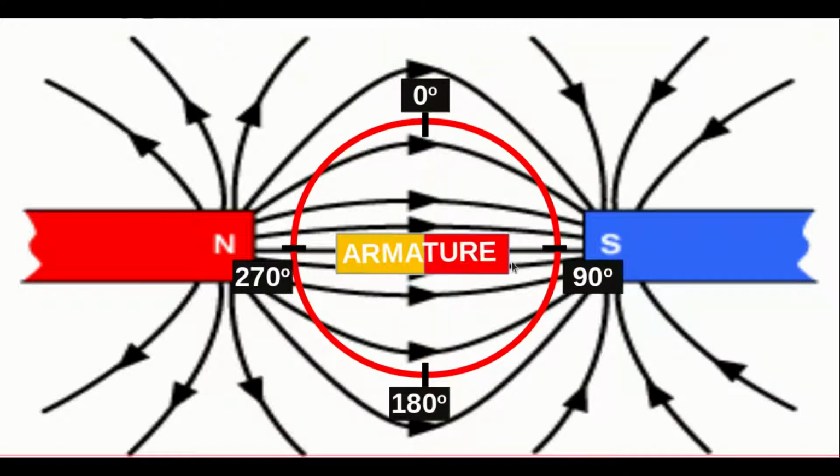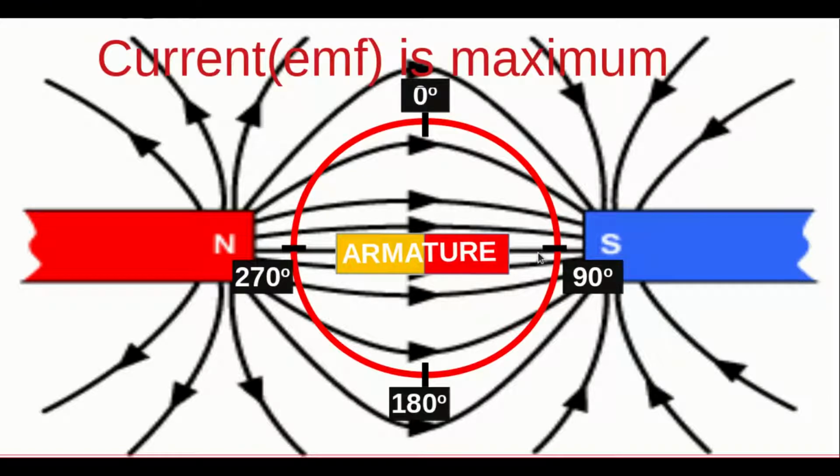Now the armature rotates 90 degrees. Now the armature lies in the high flux density area. Hence current developed is maximum because the armature is now located at the center, between the two magnets. Current or EMF is maximum.